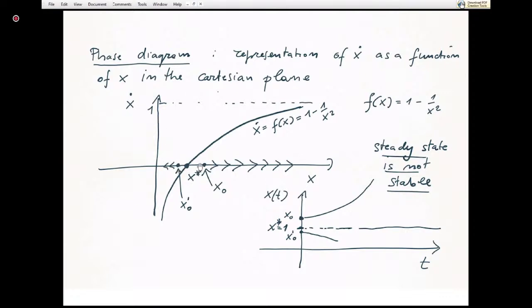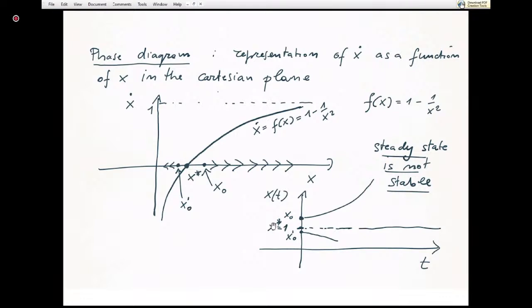If I want to represent qualitatively these trajectories, starting from initial condition x0 on the right and x prime 0 on the left, I want to represent it on a time graph with time in the abscissa and the level of the variable in the vertical coordinate.